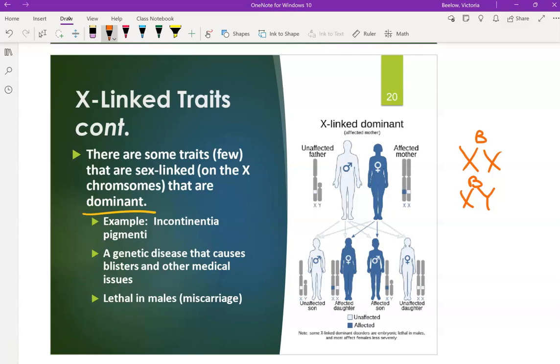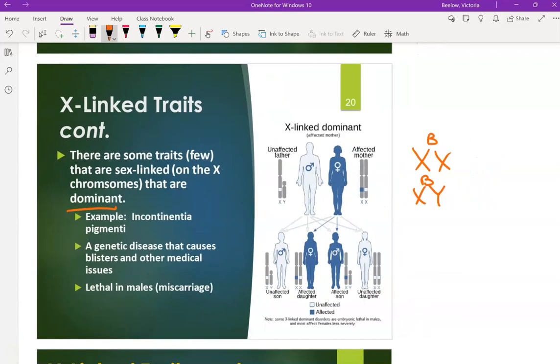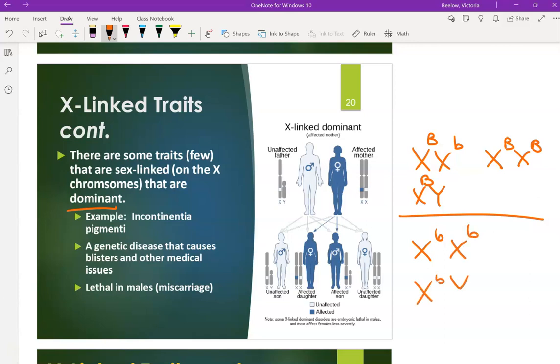In males and females, there's really no preference because it's a dominant trait. So for a female, either one of these females or this male, they would all have the trait. The only way to be normal for a male or female, so these would be normal, and this would have the trait, whatever that is.